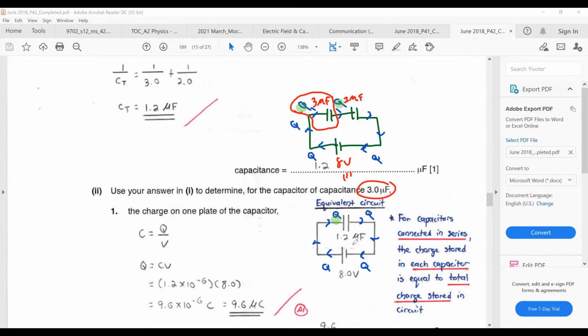It'll be easier to see if you refer to these two diagrams. So you use C equals Q over V for this circuit. You find out what Q is. That Q here is also the Q here. So you get your answer: 9.6 microcoulomb.